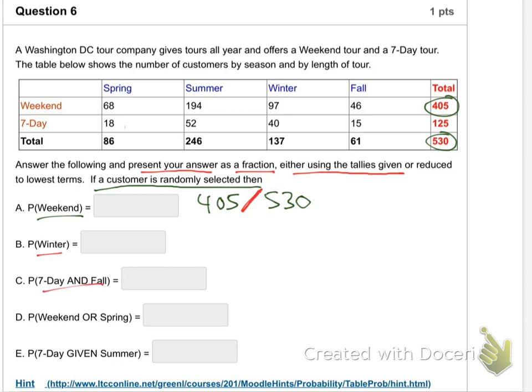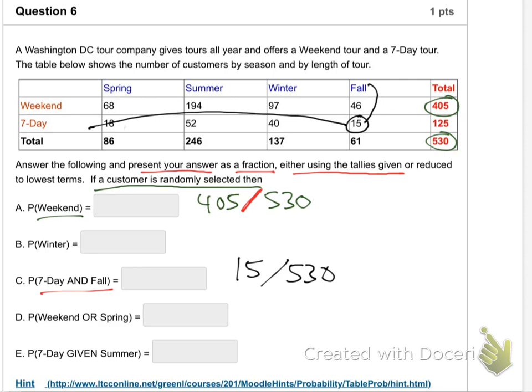Let's go down to C. 7-day and fall. So what's the probability that if you grab somebody at random, they had a 7-day pass and went in the fall? Yeah, the denominator is still the 530. You can just go 7-day and fall, 15 people.